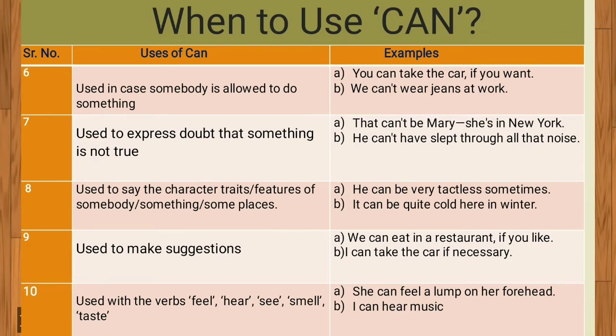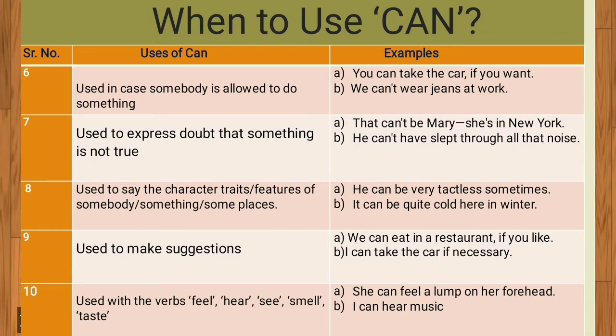Now the next use is, can is used to describe the character traits or features of somebody, something or some place. For example, he can be very tactless sometimes. It can be quite cold here in winter.